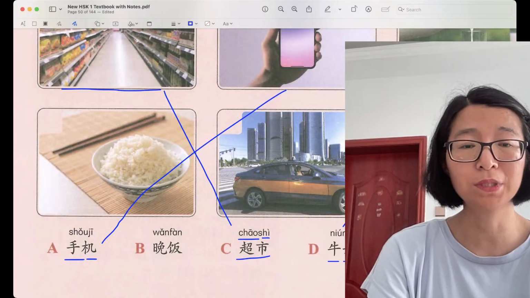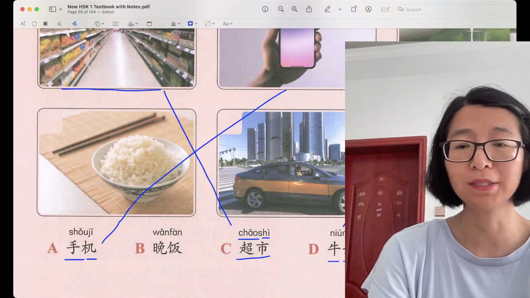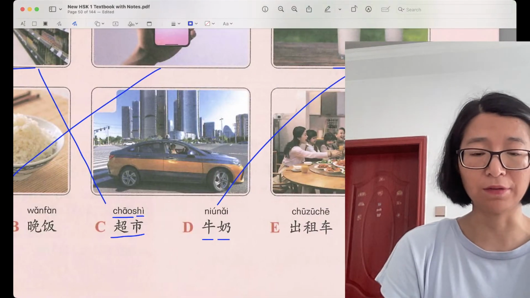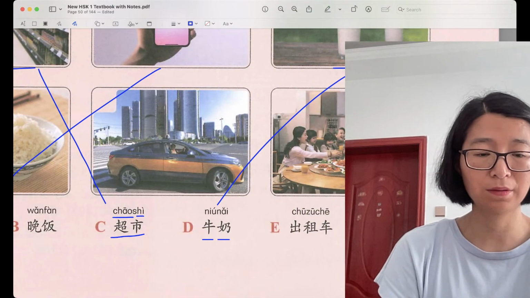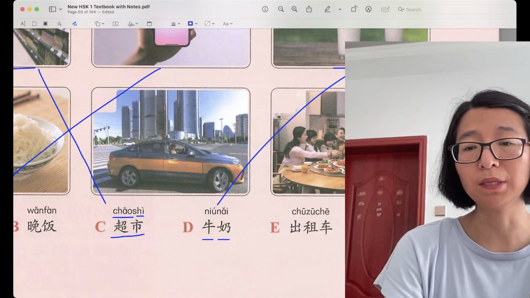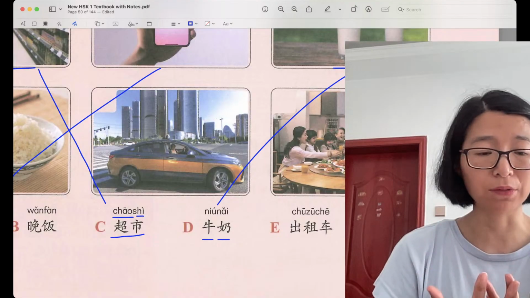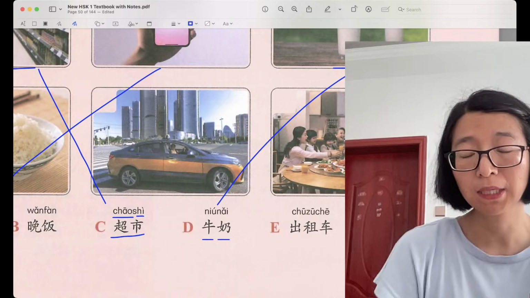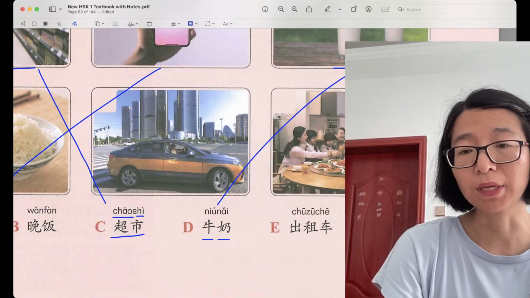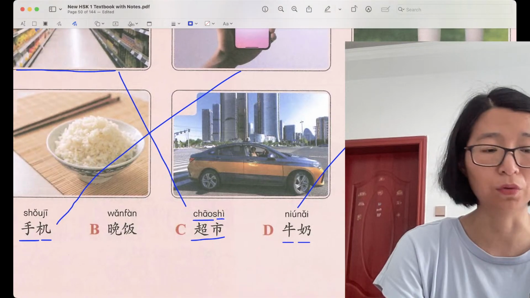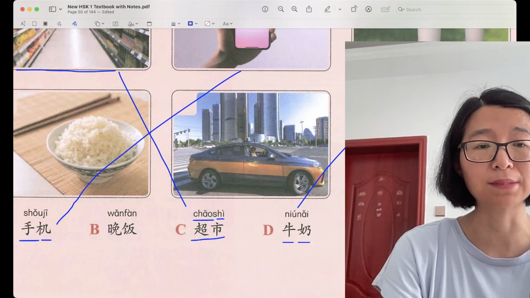Fourth, rice, 米饭. If you use the character 米 alone, it basically means rice. And 米饭 together means cooked rice, already cooked, so you can eat directly. That is 米饭.